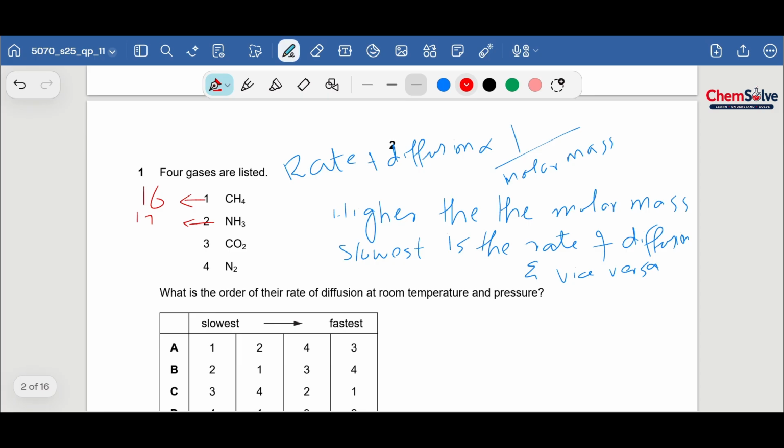For carbon dioxide, carbon is 12 and oxygen is 16, and there are 2 oxygens, so we will multiply 16 with 2 and it will make 44. For nitrogen, it is 14 and there are 2 nitrogens here, so we multiply by 2 and it will make 28.